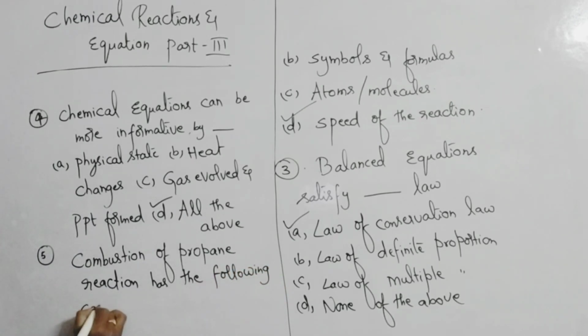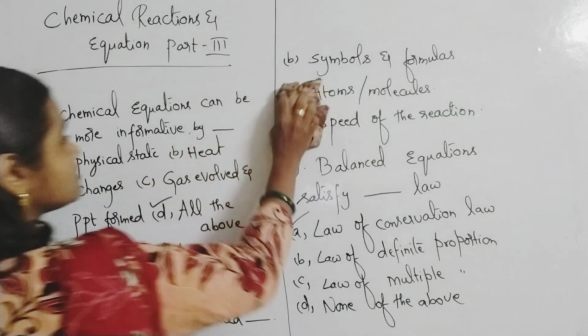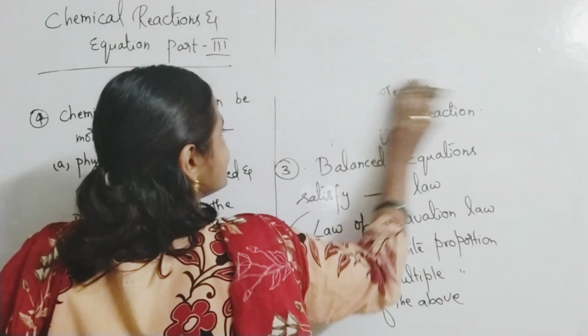Following coefficients means he is asking the coefficients of the reactants to make the equation balanced. Please understand the question carefully here. What coefficients do you need to take to make it a balanced equation?